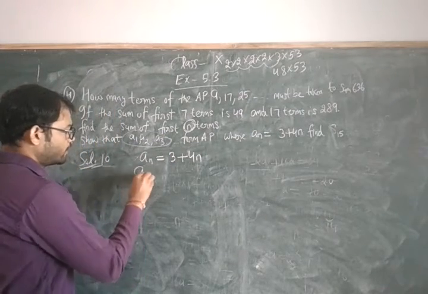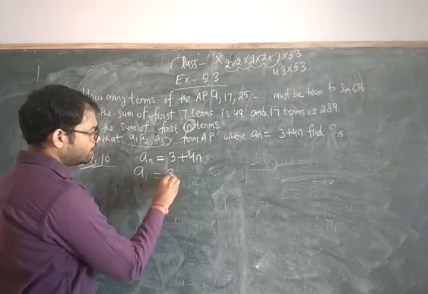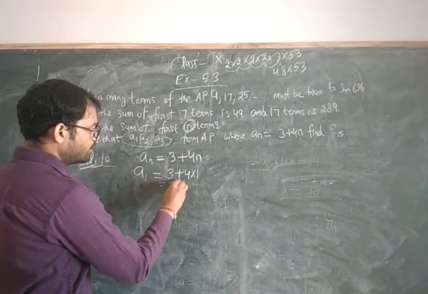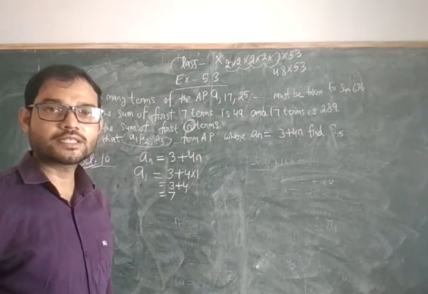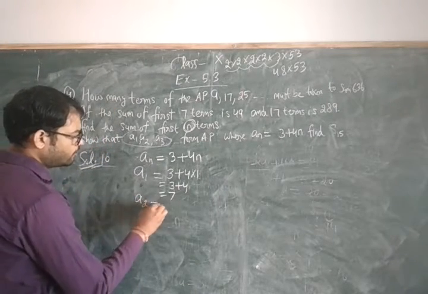So A1 means n की वैल्यू 1 होगी, just put the value of n here. So 3 plus 4 into 1 will become 3 plus 4 means 7. A1 की वैल्यू आपके पास क्या आ गई, 7. In the same way we will find A2.